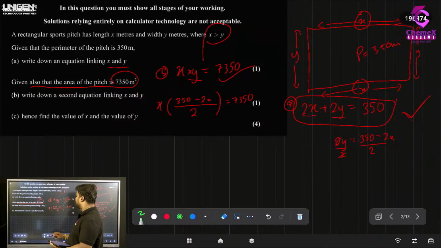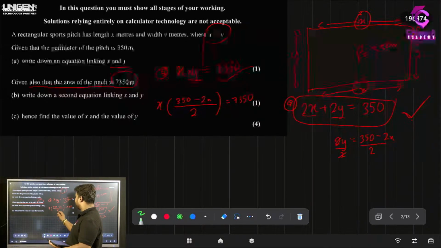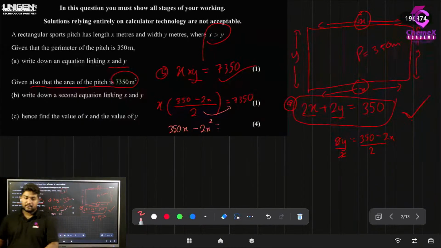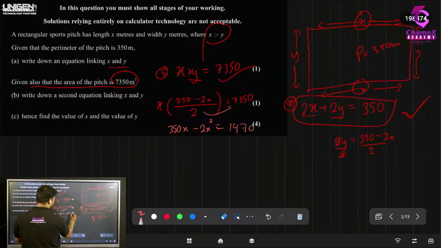So what do you do now? You can take the 2 out if you want. So 350x minus 2x squared equals, I'm taking the 2 to the other side. What's 7,350 multiplied by 2? Nidusha, can you say me? 14,700.